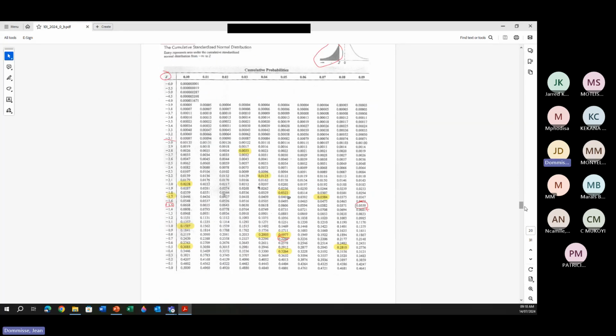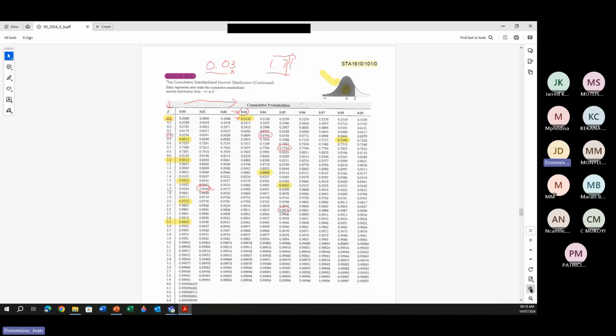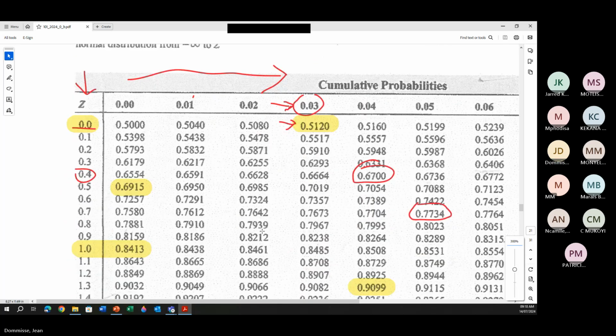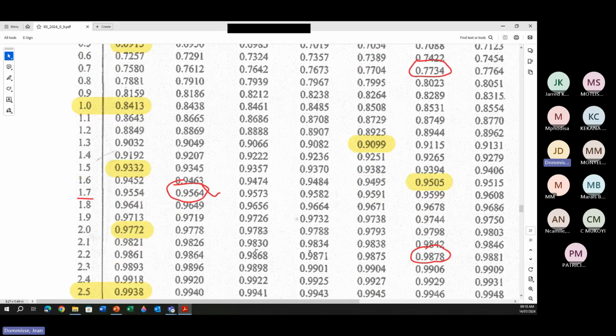So let's go to the Z table. Let's make it bigger. So we want to find 95%. So let's check. Okay, so there's 95.